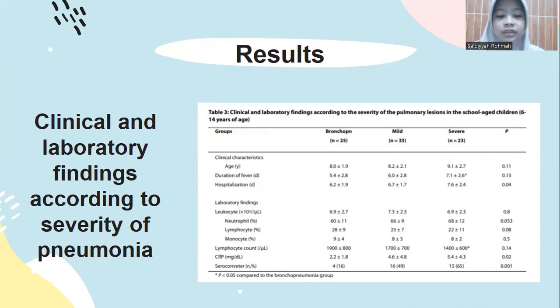As previously stated, the patients with more severe pulmonary lesions saw higher CRP levels and a higher proportion of seroconverters. The duration of fever and absolute lymphocyte count were significantly different between the bronchopneumonia group and the severe segmental or lobar pneumonia group.